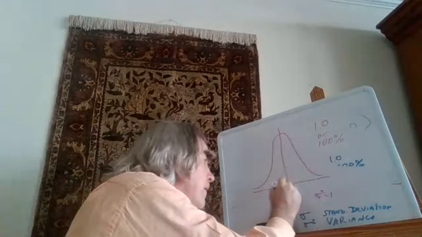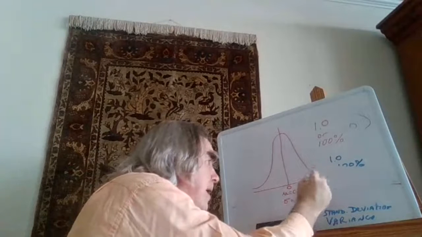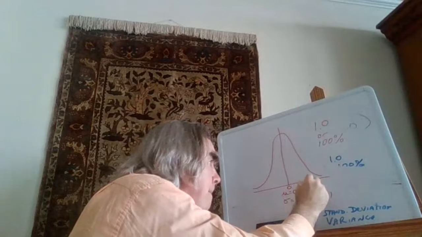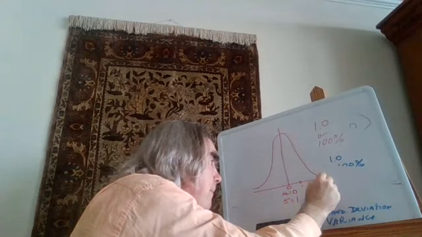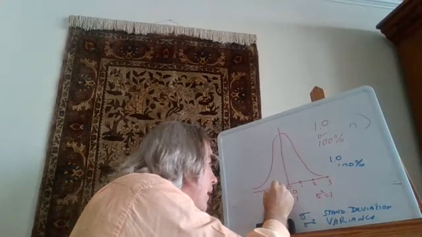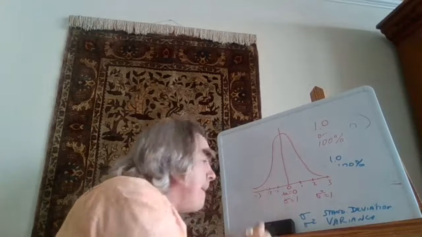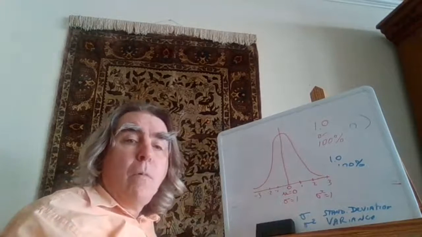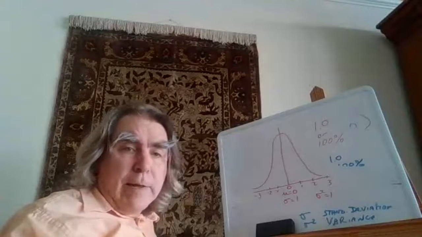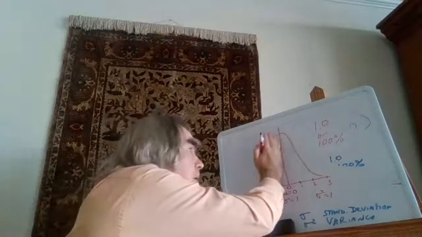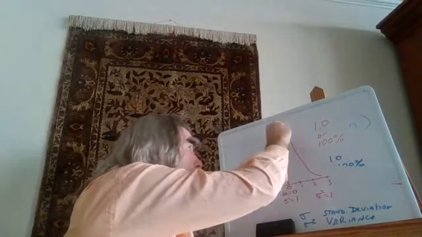So if it's centered at 0, these are positive numbers. And then there are negative numbers on this thing. All normal distributions are symmetric around this line.